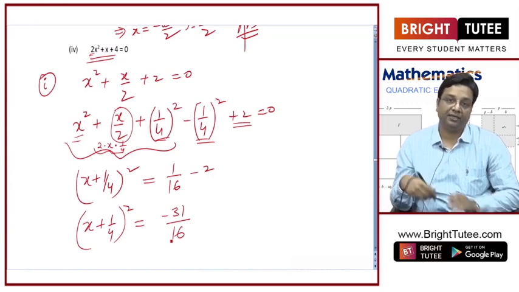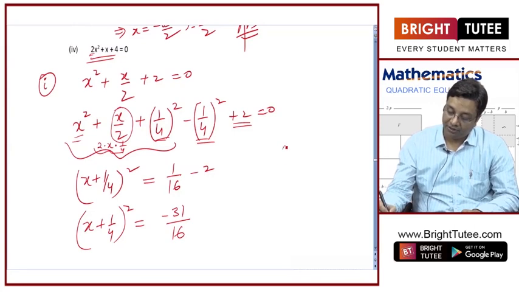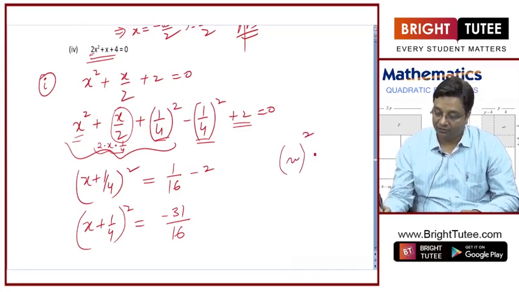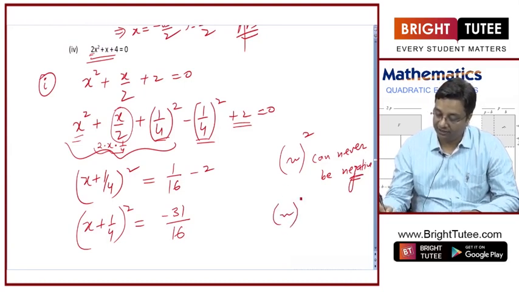Now students, you need to take care that square of something, let us say I write something here and I take a square. Square of something can never be negative, right? Because square of anything is a non-negative quantity.